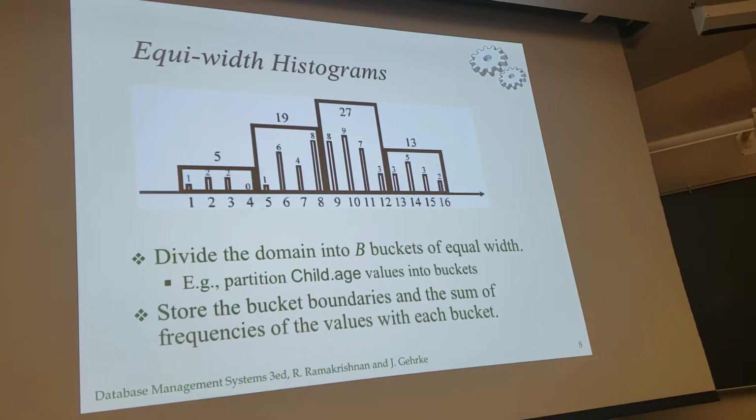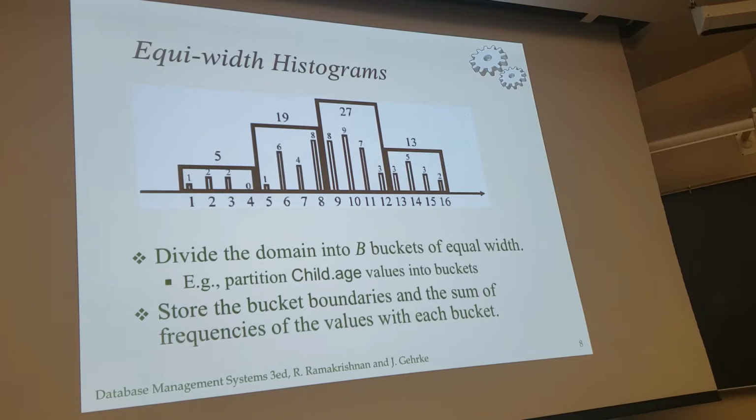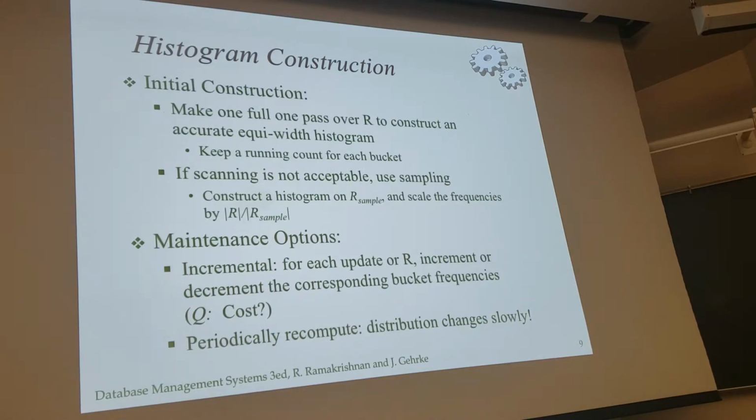If I've decided my buckets, I know that the ages are between 1 and 16. Let's assume that I already know what the minimum and the maximum are. Then I figure out the ranges, and I'll just make a pass through R and count how many are between 1 and 4, how many between 5 and 9. I can do that with one pass, assuming, again, I know what my bucket sizes are. I'll keep a running count. If scanning is not acceptable, these days scanning tends to be very acceptable.